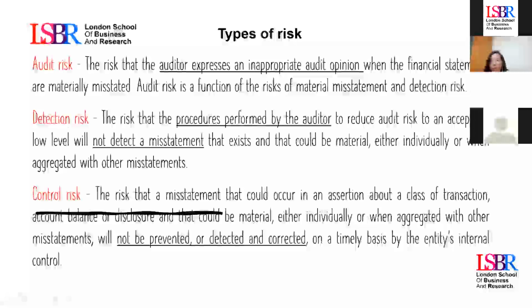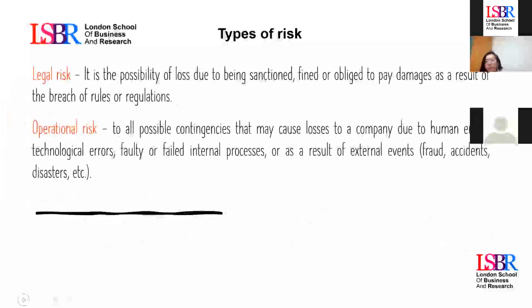So this is another risk, control risk. Legal risk maybe is the possibility of being sanctioned by an authority. If a company is involved in a very regulated sector, the legal risk will increase.